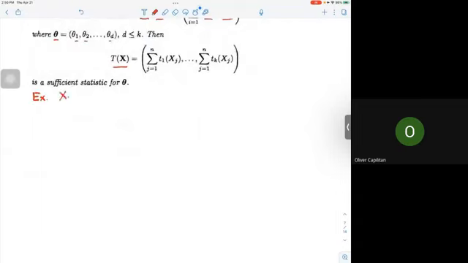Suppose this is still our sample, IID, normally distributed with mean mu and sigma square. This would also answer the question of Nolly a while ago, where both mu and sigma square are unknown.